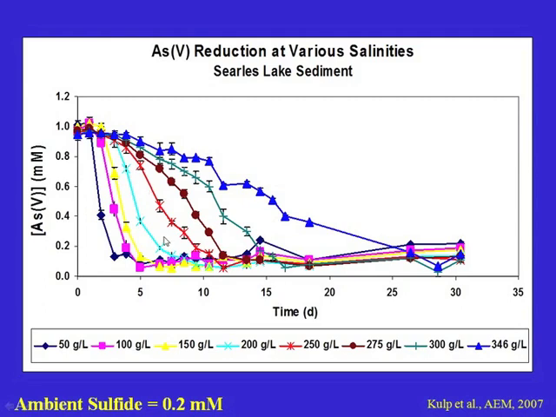But this experiment shows that actually the overall community in Searles Lake seems to prefer less salty conditions, and that there is certainly a component of the community that is most happy reducing arsenic at low salt concentrations.